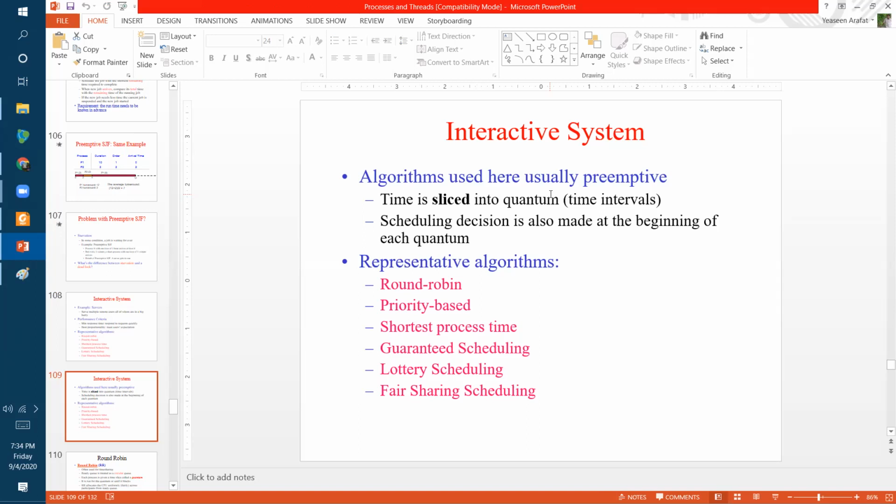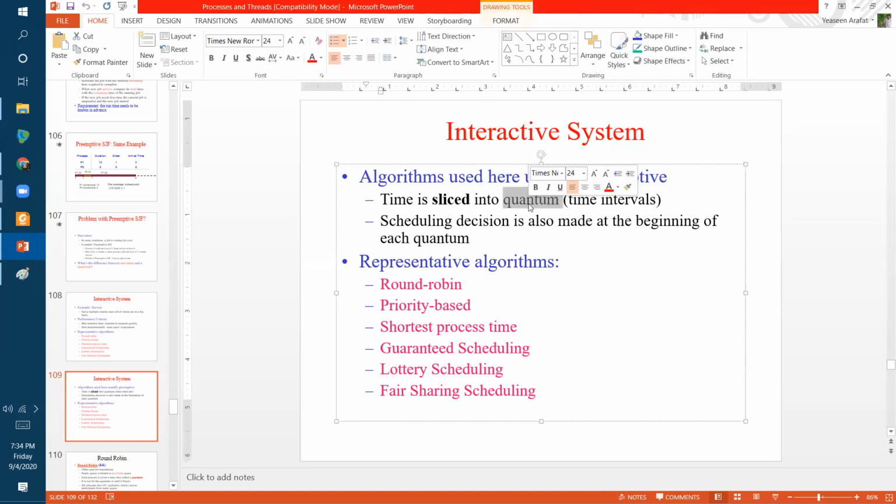Time is sliced into quanta. If you remember, at the very beginning of this course, when I discussed the process states versus time graph, we saw the quantum value, the time interval. This means if a process gets the CPU, for what time it will continue its job without the scheduler's interruption.